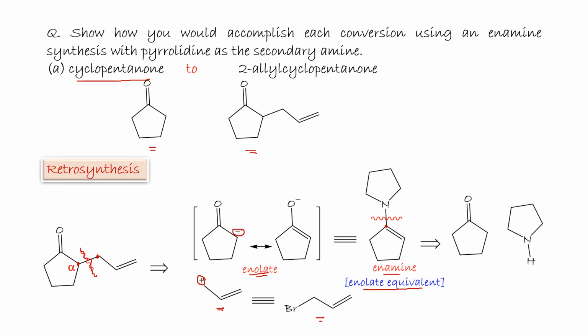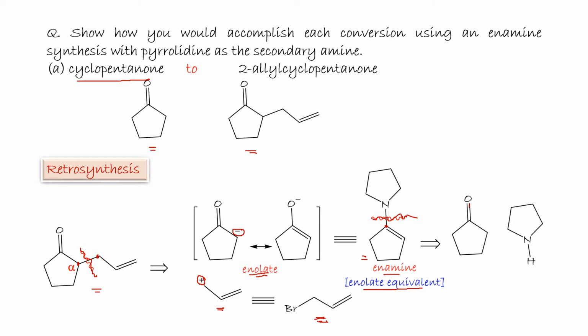So reacting this species with that will lead to the formation of the target. How can we get this enamine? Again, we cleave in here.